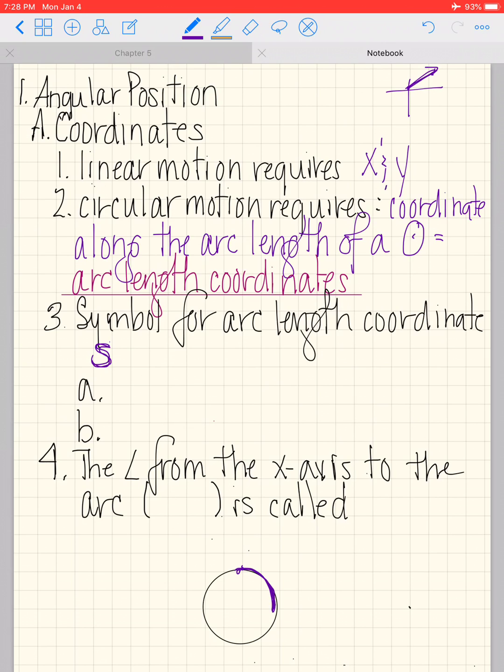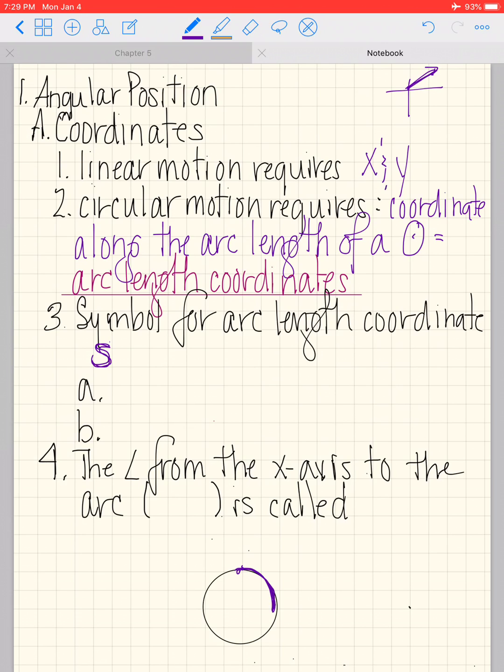Okay, again, two things that are brand new. Instead of calling it distance d like we would in kinematics, now we're calling the distance around the circle that you travel s, and it's called the arc length coordinate. Same idea as d in kinematics, but now because we're doing it in a different environment, we have to give it a different name.